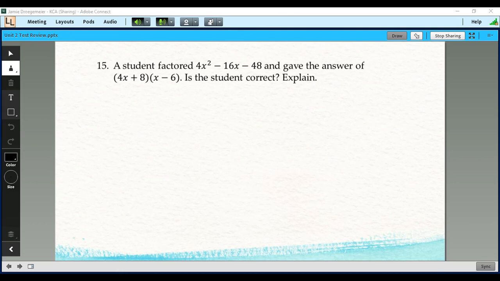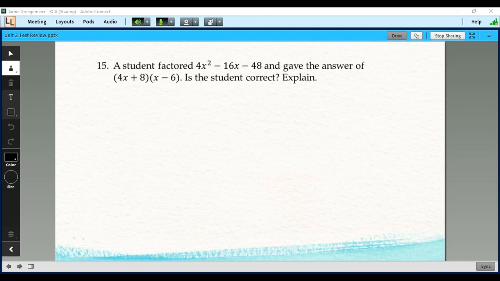All right, next one here says a student factored this expression 4x squared minus 16x minus 48 and gave an answer of 4x plus 8 times x minus 5. Is this student correct? And explain.